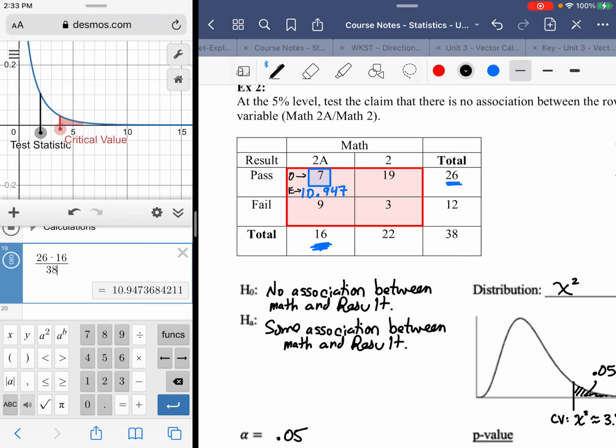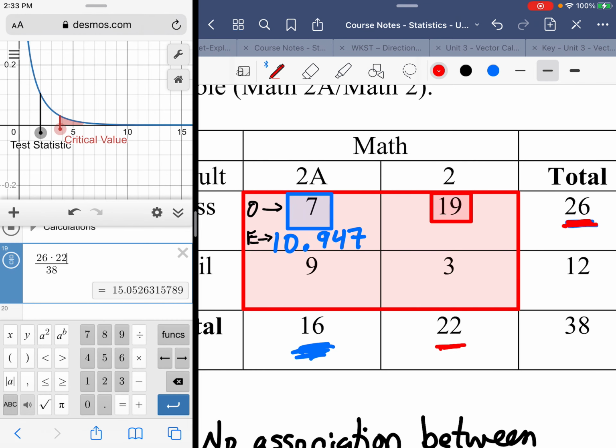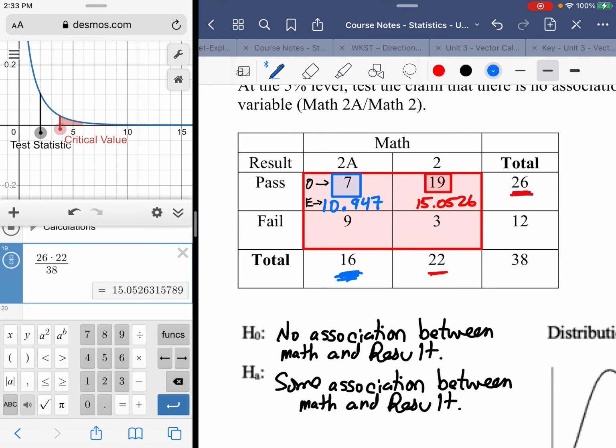We do the same thing again, this time for the number 19, which has a row total of 26 and a column total of 22. The grand total is always going to be the same. This one should be 15.0526. Then the number 9 is next on the list. That's got a row total of 12 and a column total of 16.